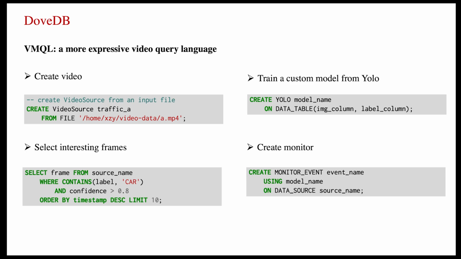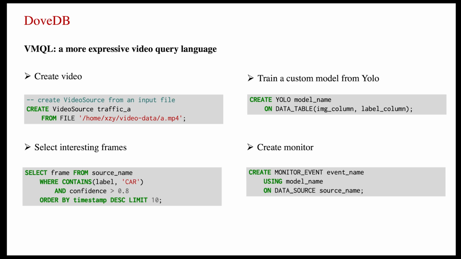Now let's take a look at the syntax of VMQL, Video Management and Query Language. In DoveDB, users can utilize a very intuitive SQL-like language to create and query videos and manipulate models. For instance, if you want to create a video data source based on a specific video file, you just need to import it with create video source from a file.